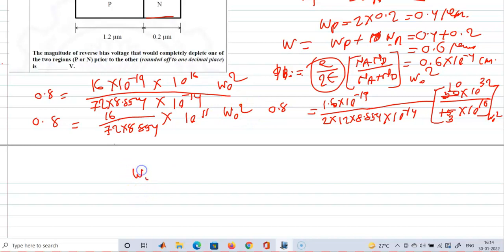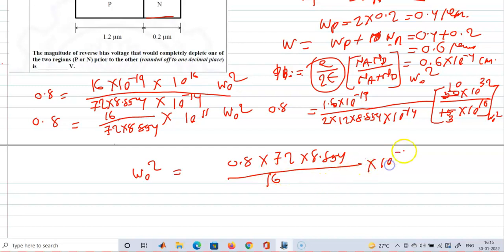So finally W0 squared is equal to 0.8 into 72 into 8.854 upon 16, into 10 to the power minus 11.